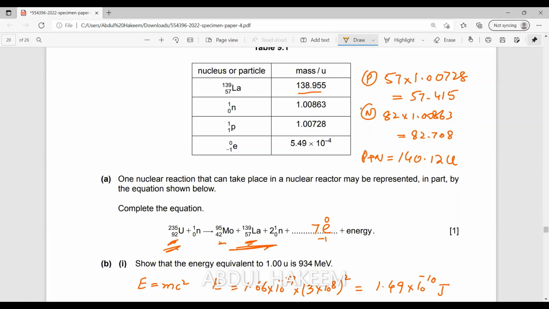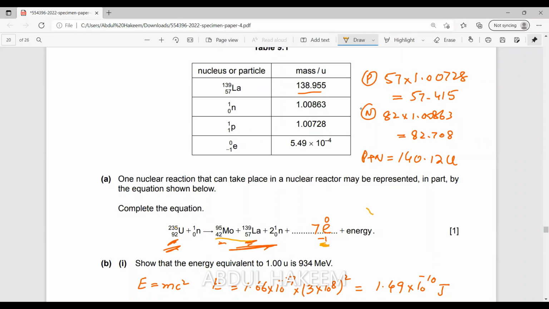So 92 — charges mean proton numbers. Here 42, here 57. So these two are 7 more than this. It means 7 negative charges. Now 42 plus 57 minus 7 becomes 92. And similarly here, 235 plus 1 becomes 236. This plus this plus this, and this is 2.